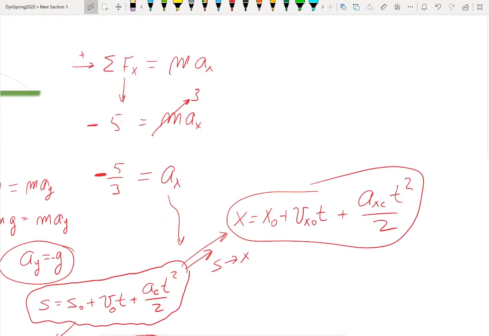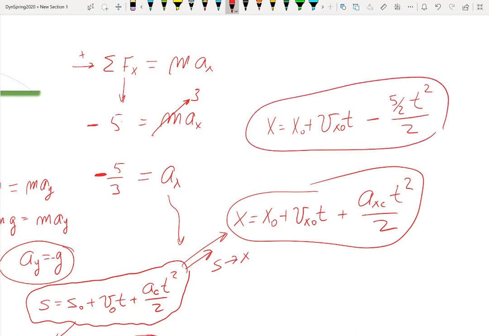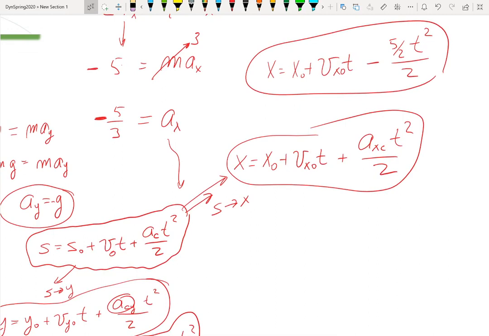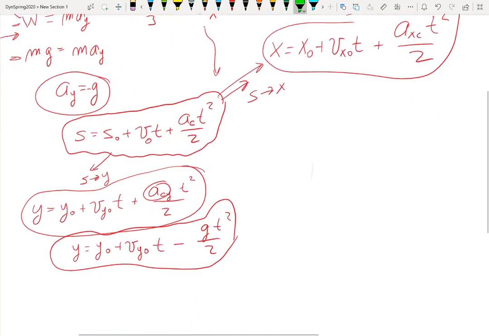Now you've got a force slowing the cannonball down in the x direction. So x is equal to x naught plus vx naught t, this time minus 5 thirds t squared over 2.